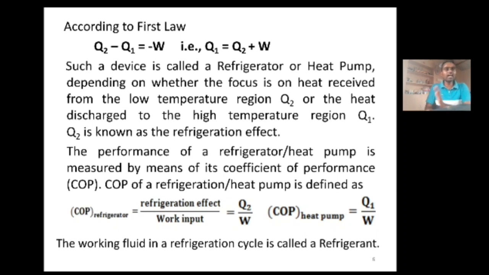Considering the COP of a refrigerator, it is the refrigerating effect, that is the desired output, divided by the work input. The desired output in a refrigerator is Q2, the amount of heat removed from the cooling space. So COP is Q2 by W.